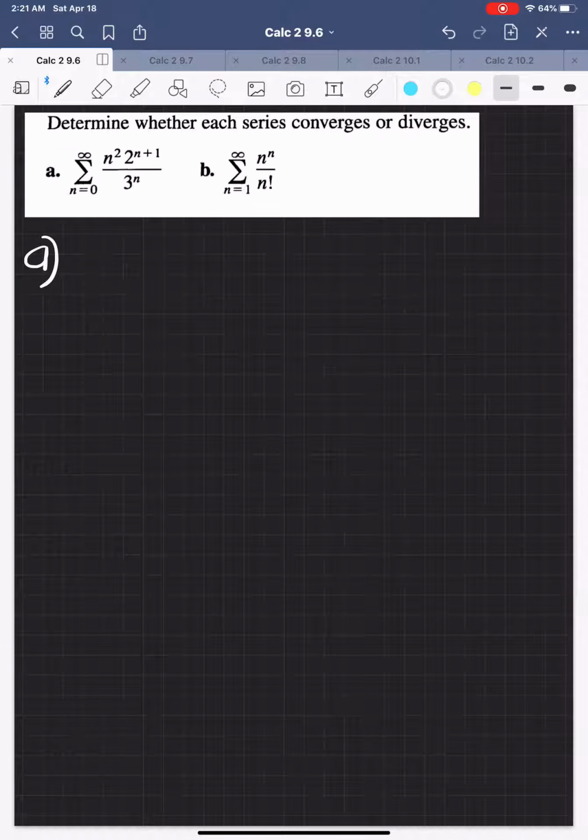So let's go ahead and establish that obviously a sub n is equal to whatever you were given. So n squared, let me write this a little bit larger, is equal to n to the power of 2 times 2, and notice that this is all in the exponent.